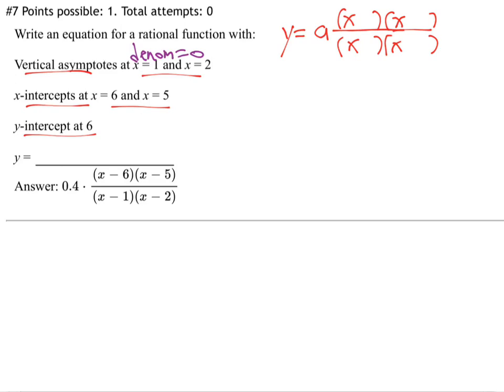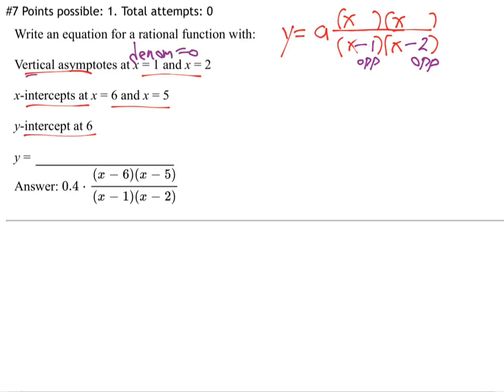So these are going to go in the denominator. So it's going to be x plus 1, because remember, it's always opposite. And, oh, whoops, that should be minus 1, shouldn't it? That's the opposite. X minus 1 and x minus 2, because there's always opposite when you put a number next to x in the parentheses.